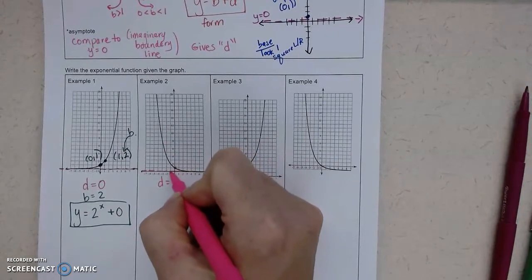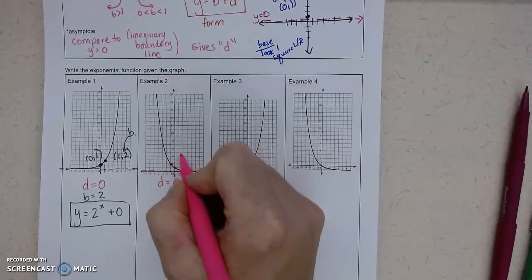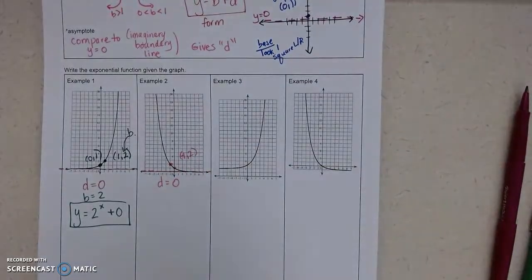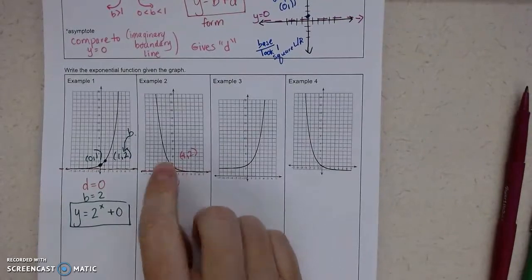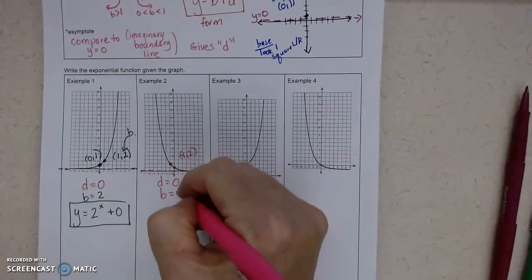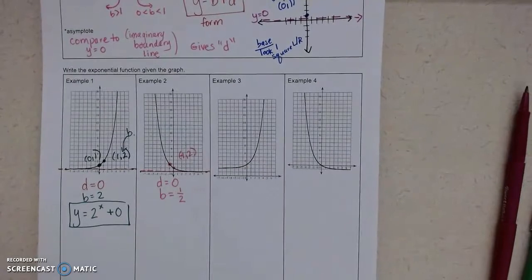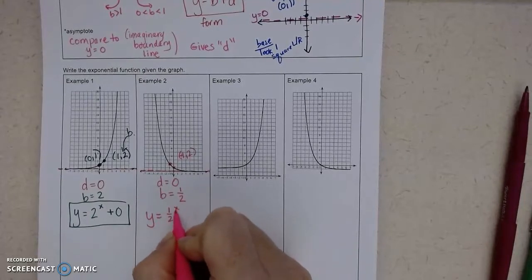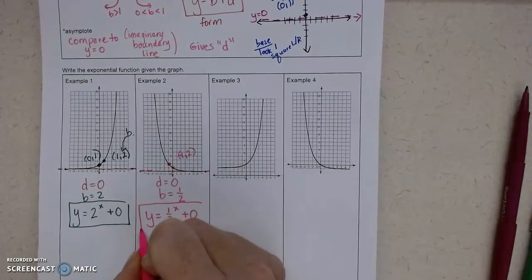So we're going to go to the left, and this goes up 2. Because we went up 2 but to the left, that means our base is 1 over 2. So if we went up 3, it would be 1 over 3. So our final equation is y=(1/2) to the x, and you can put the 0 if you like.